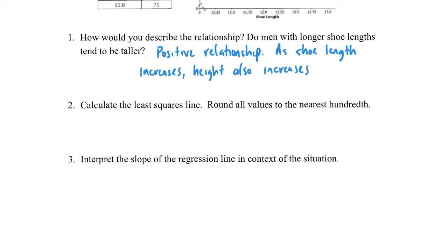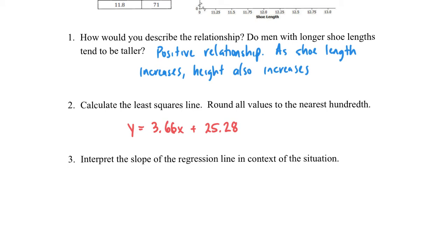I've already calculated it, and rounding to the nearest hundredth, I'm going to get y equals 3.66x plus 25.28. Like I said, there'll be a separate calculator video that will show you how I got those numbers. Let's talk about interpreting those numbers though.